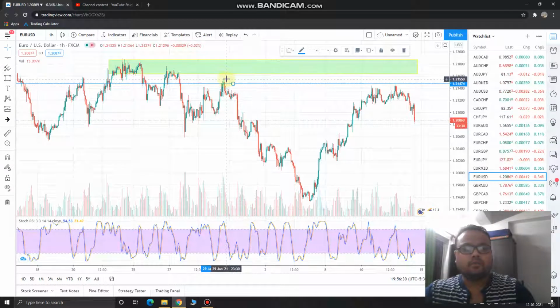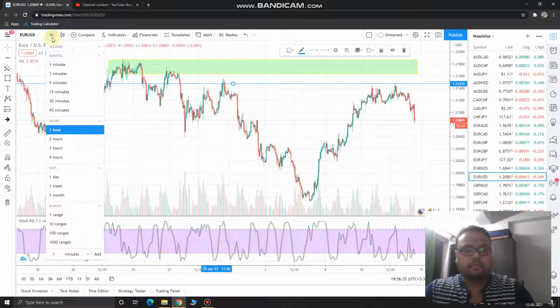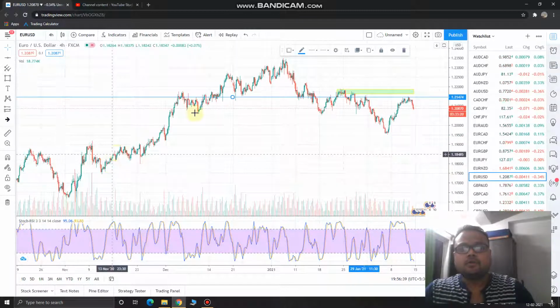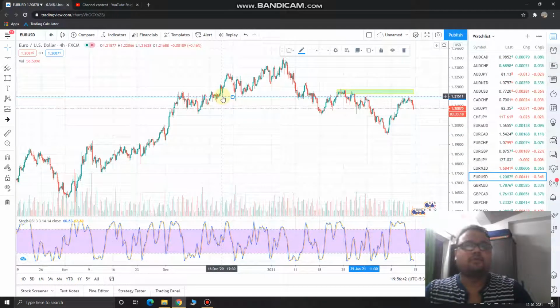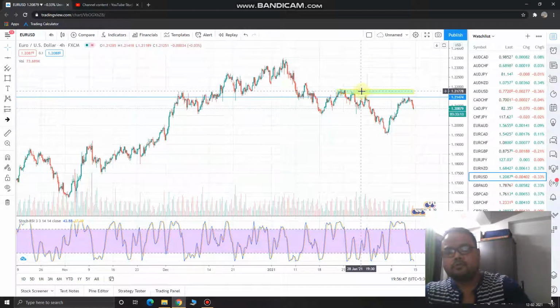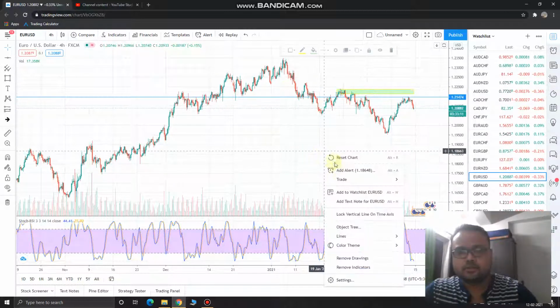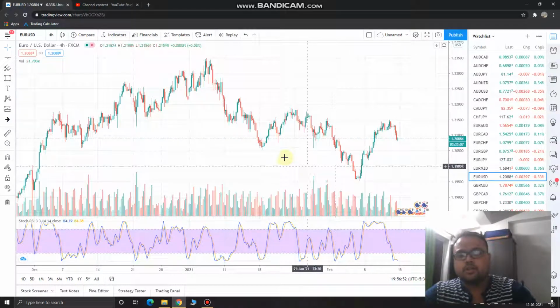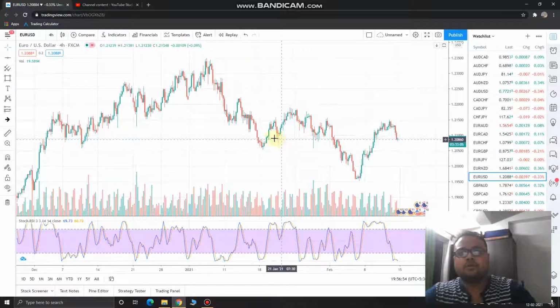So what we can do in this type of case is switch to a higher time frame. We can switch to the 4 hours time frame to get a clear picture. After switching to the 4 hours time frame, let me remove these drawings. What do we see?